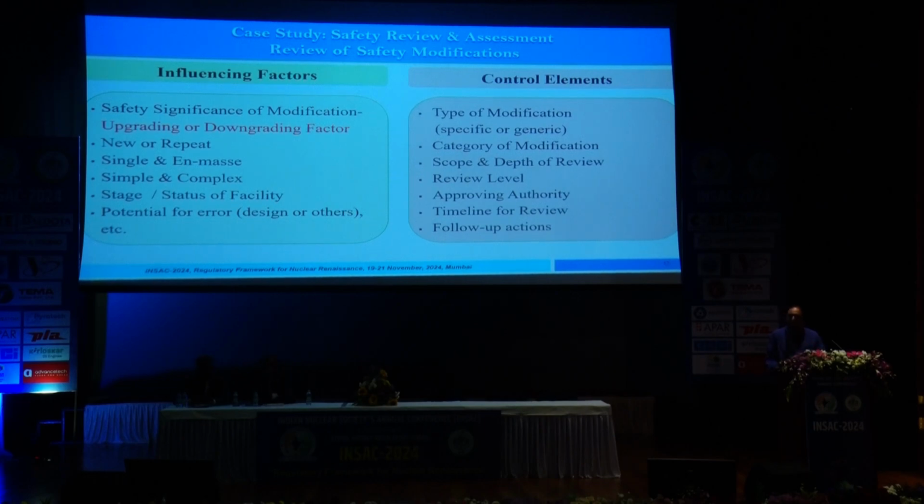But since we are introducing a change in a licensed system, which means a safe system, this change has potential safety implications. So as a regulator, when we are doing regulatory review of safety modification proposals, we are bound to see two things: whether this modification is going to give the intended benefit or not, and second, what could be the potential implications of this change in different domains, and whether that has been addressed appropriately or not.